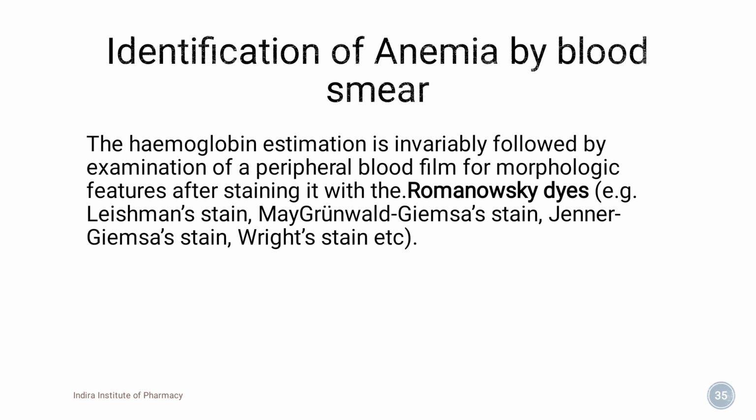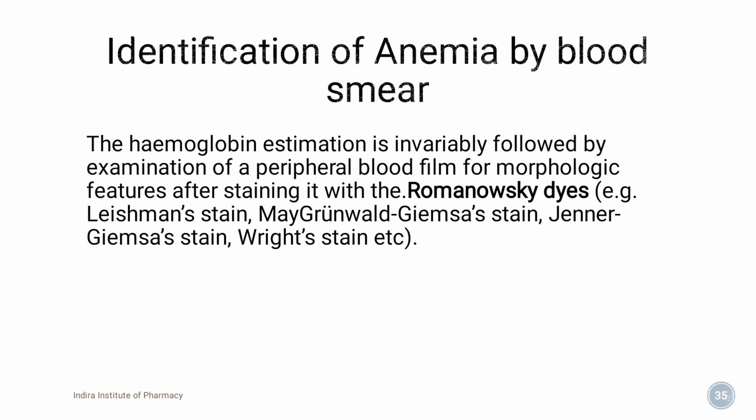Now, how are you going to identify anemia by blood smear? How are you going to identify that there is anemia or a low level of hemoglobin in the blood? It is done by a blood smear.